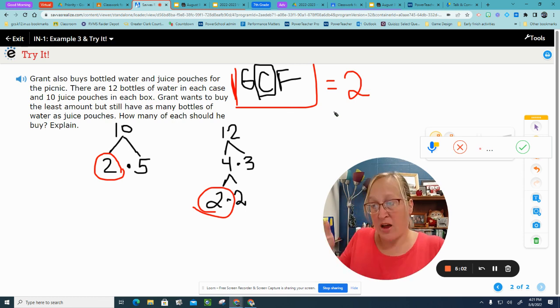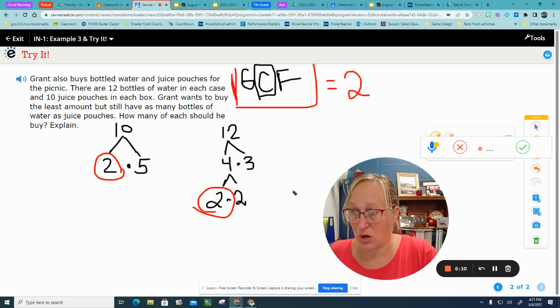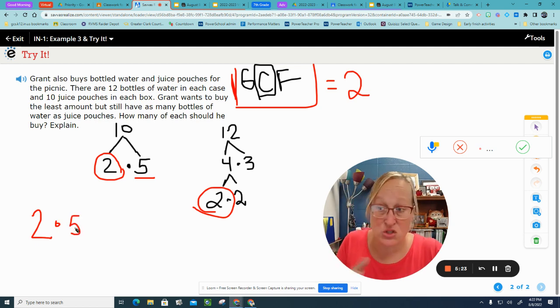But we want to find the least common multiple. Multiple means more than. It means bigger number. What do they all have in common? So I'm going to have to use whatever color I'm writing with right now. So they both have a 2. They have that in common. See, it's the greatest common factor. But it's missing the 5. So I've got to put the 5 down because they need to have it in common, but they don't have it in common.